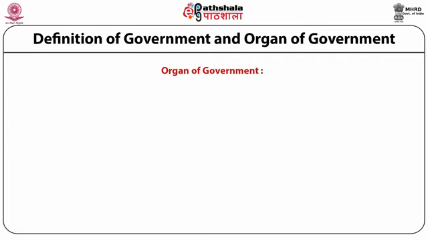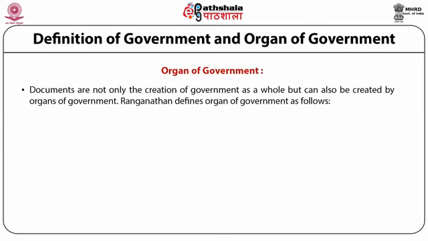Organ of a government. Documents are not only the creation of government as a whole, but can also be created by organs of government. Ranganathan defines organ of government as follows.